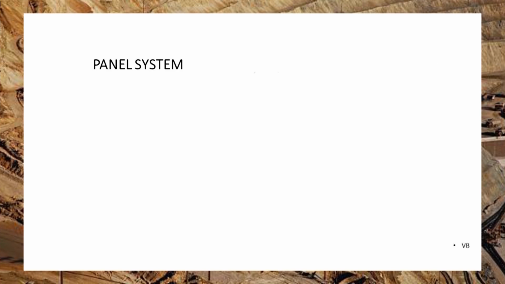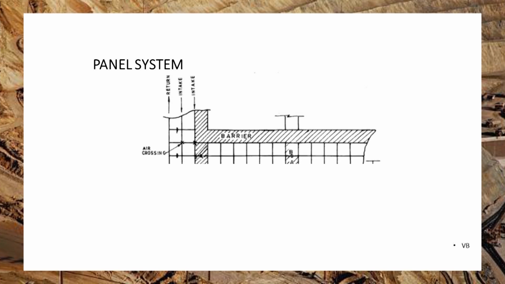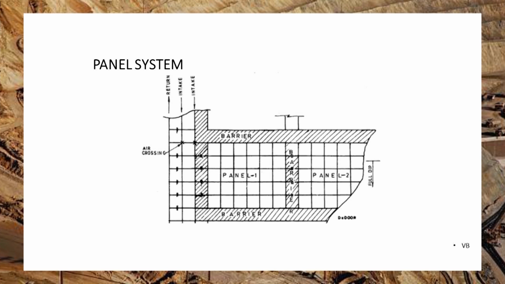You can see on the figure, this is a panel system in which the cross dotted line shows the barrier pillar, and inside the dotted line a square shape shows a number of pillars. So, a number of pillars are separated by one barrier pillar, that is made by a solid coal block.